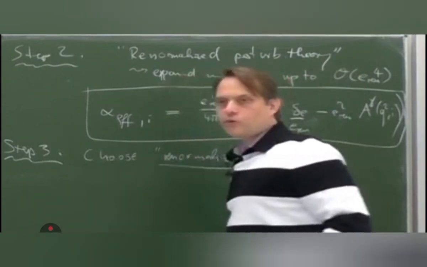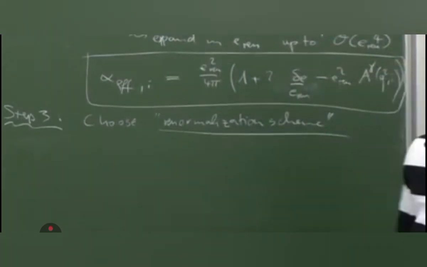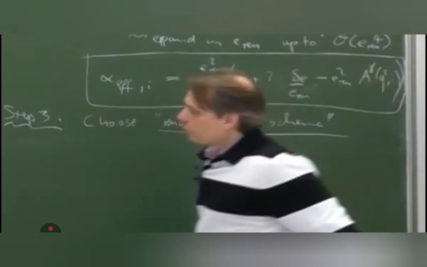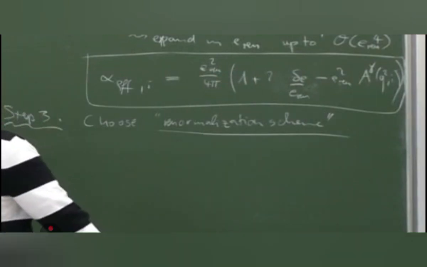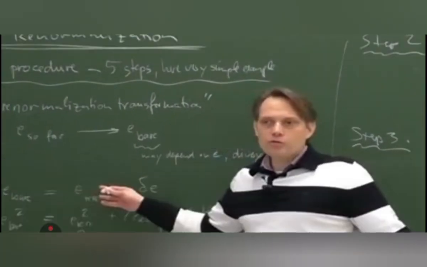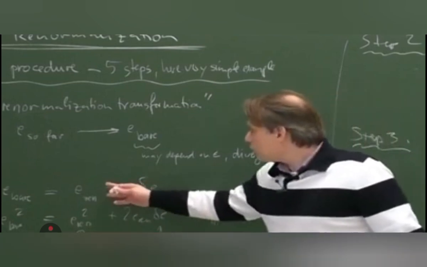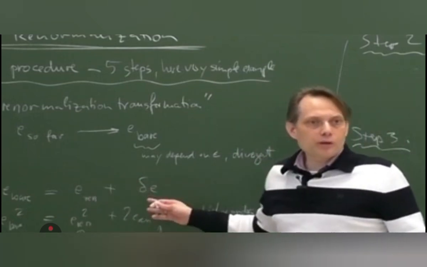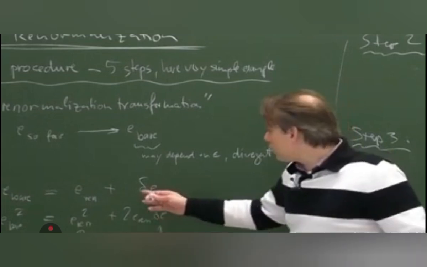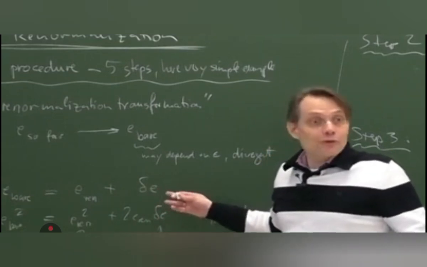That is a very crucial step in the procedure of renormalization in practice. So I told you that we know clearly that we can split our bare charge into that way. But how do we split exactly into a finite part and a divergent part? That is not unique, because you can change the divergent part by a finite amount and it remains divergent, and the finite part remains finite.